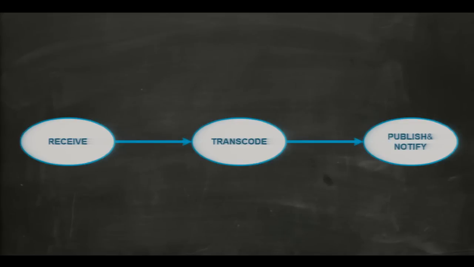Now, good and easy way to turn this into a loosely coupled system is by putting SQS in between those stages, so that when a file is received, it will go into the queue, buffers it, and makes that media file available for the next stage, which is transcode. When you're done with transcoding, you put it into the buffer, and it'll go into the publish and notify stage.